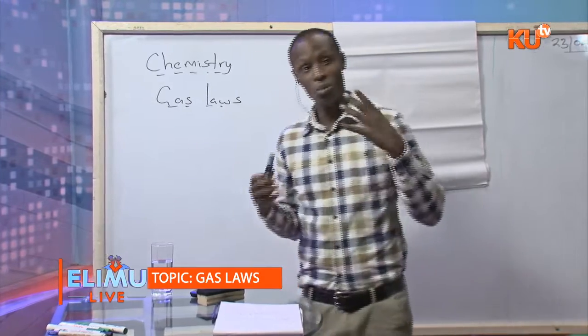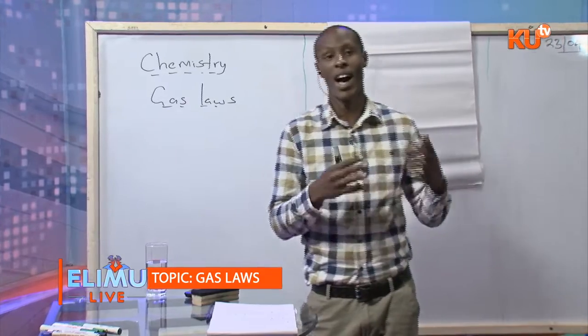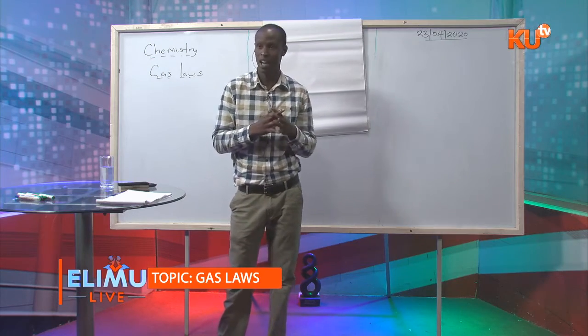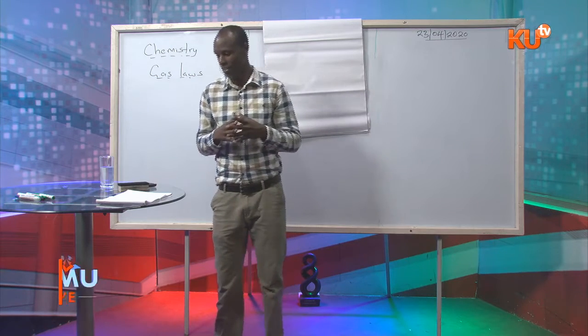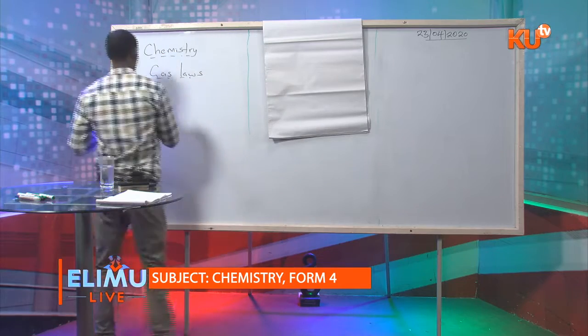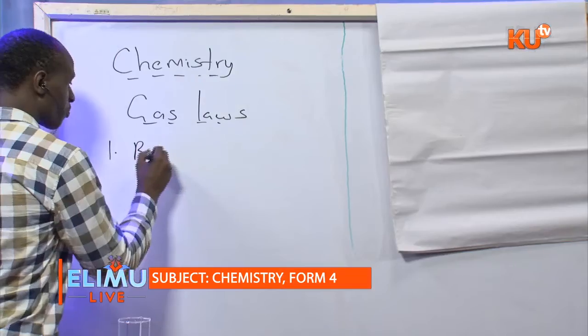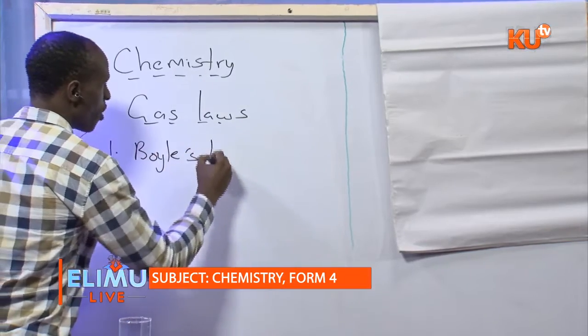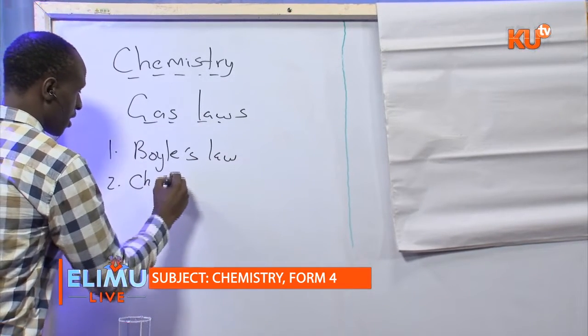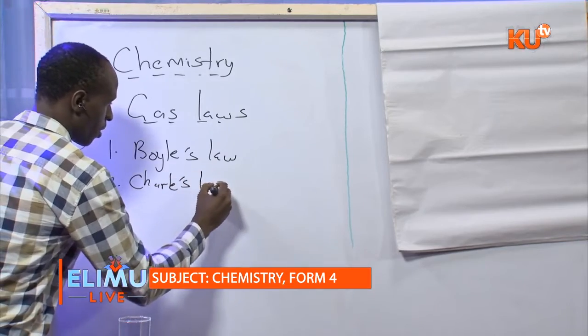When we will be talking about pressure, temperature and volume, how do those three conditions affect gas? There are two laws which we'll be looking at. The first law is Boyles Law, and the second law is Charles Law.